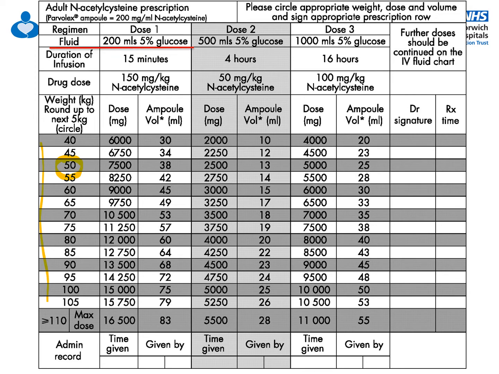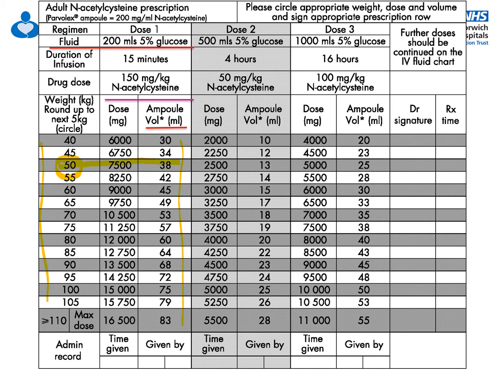So up here we've got the fluid. Dose 1, so I haven't had any yet, so dose 1 we need 200 mils of 5% glucose, so it's usually in a small little bag, and then we need to make sure we've got the right drug, so that's the Parvolex, which is the brand name, and this column here will tell you the volume you need in mils, so you don't actually have to do that much maths calculations, you just have to follow the line across.